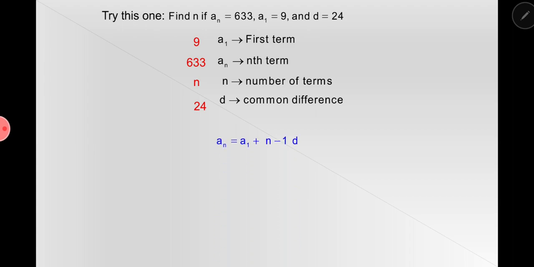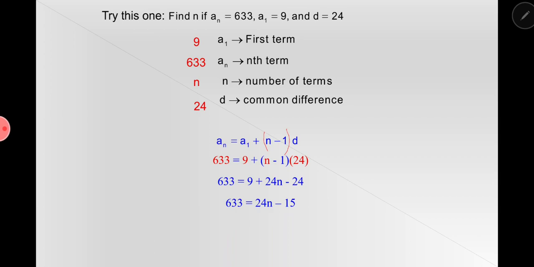So, again, we have the formula. So, do not forget the parentheses. Okay, so, by substitution, a sub n 633, si a sub 1, 9. Si n is unknown and the difference is 24.